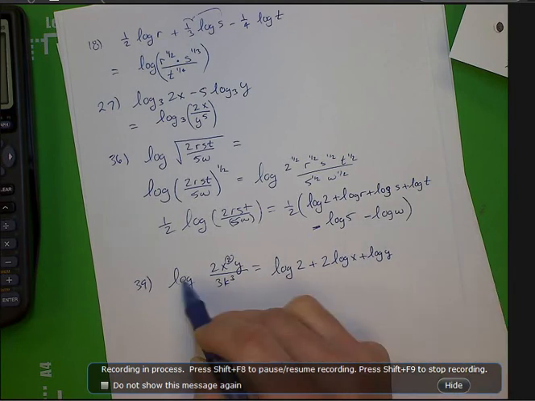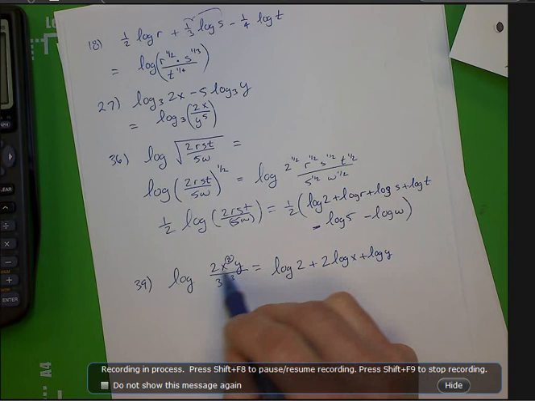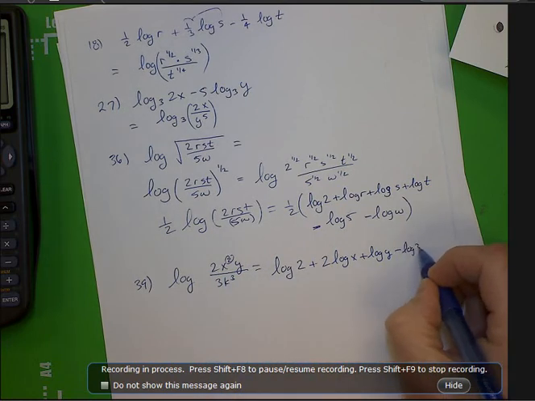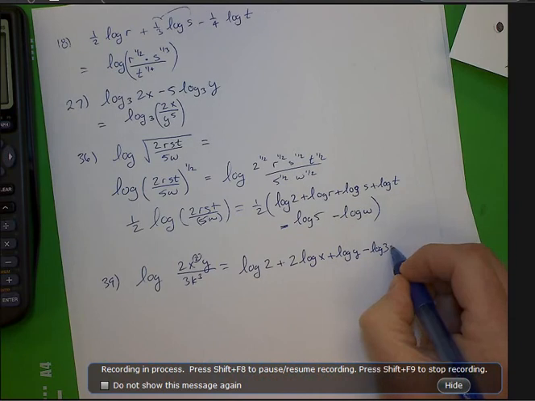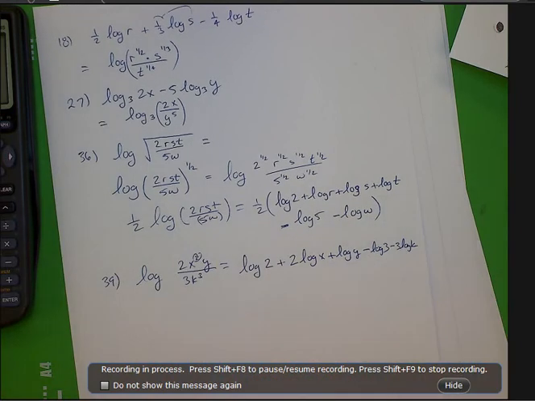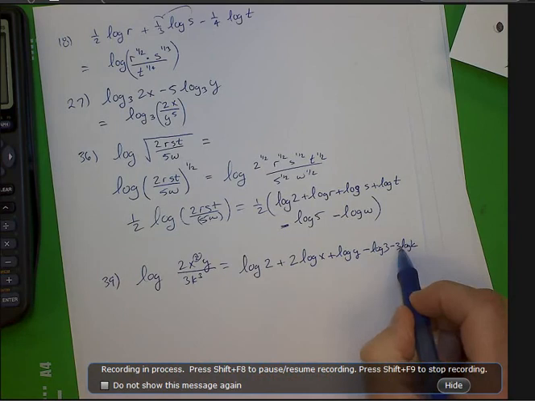That took care of everything on the top. Everything on the bottom now is going to be minus the log of 3 minus 3 times the log of k. And the reason it's minus the 3, remember this exponent comes out in front. So there you go.